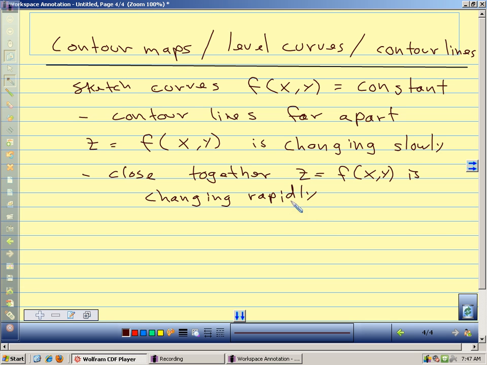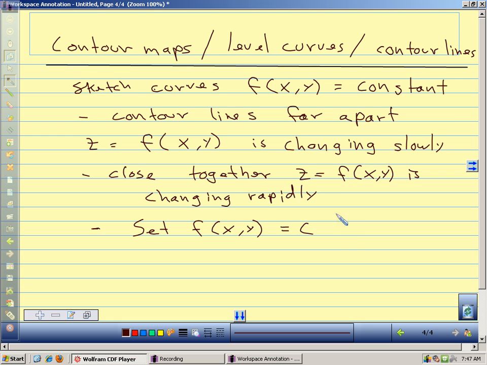And in order to draw your level curves, we set f of x y equal to a constant and figure out what those curves look like. If we want to draw contour lines or figure out what the level curves look like, we set f of x y equals a constant.